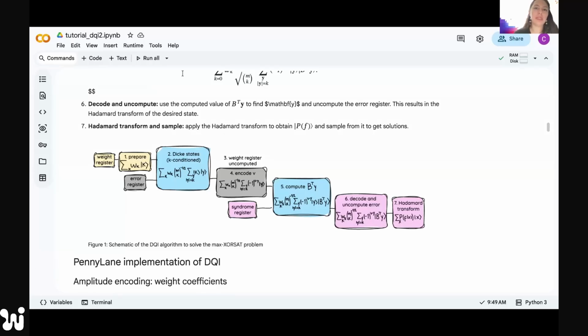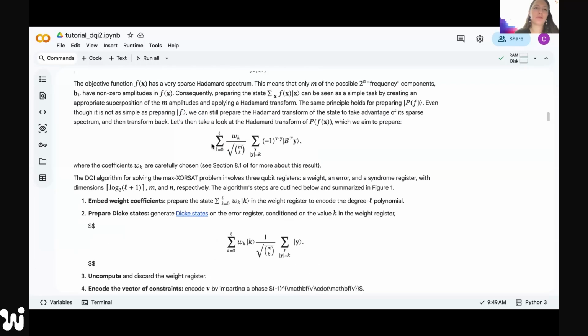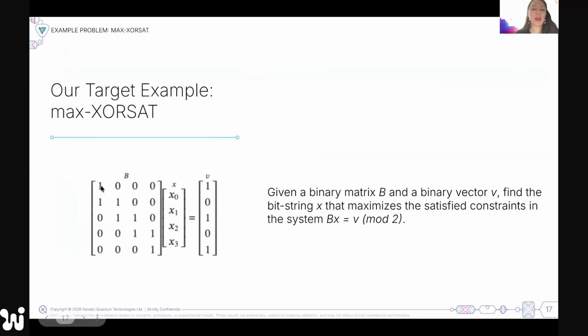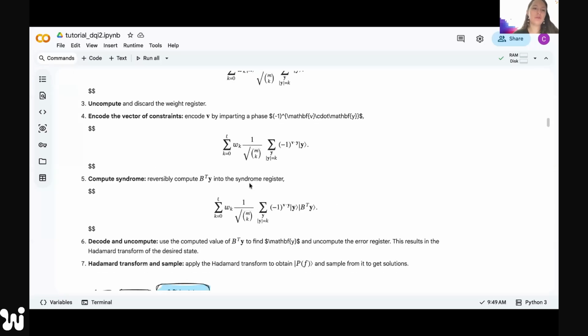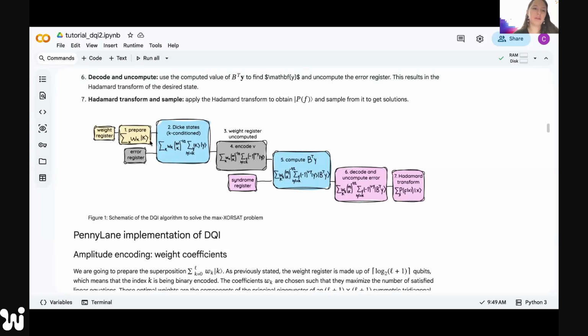I know this is a little bit confusing, but depending on how many ones you have in your matrix, you're going to prepare some states that have the same likelihood of being measured at the end. So the states that have 2 ones have the same likelihood, and the states that have 1 have a different likelihood. Those are the states that we're going to prepare, with weights depending on how many ones are in that state.